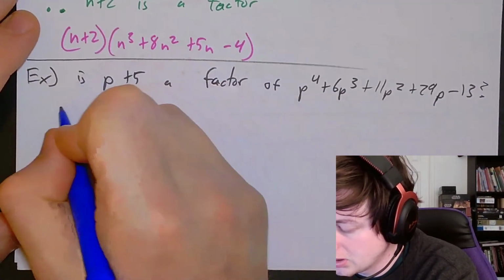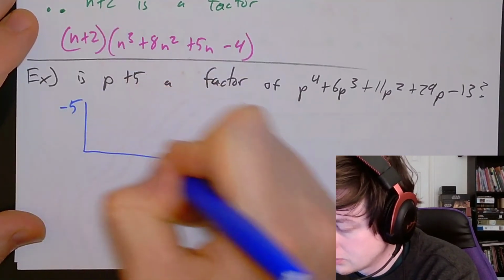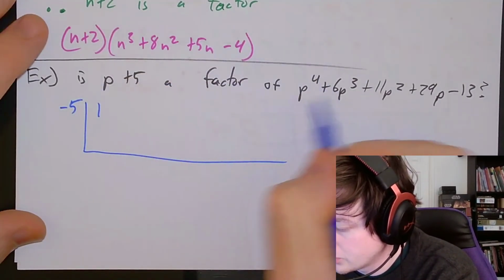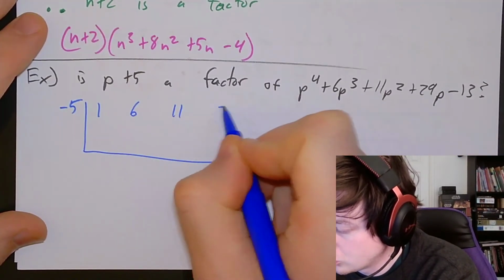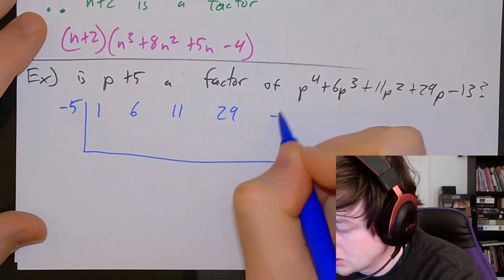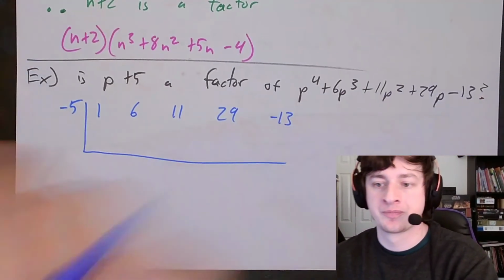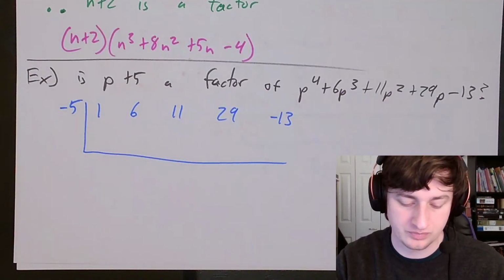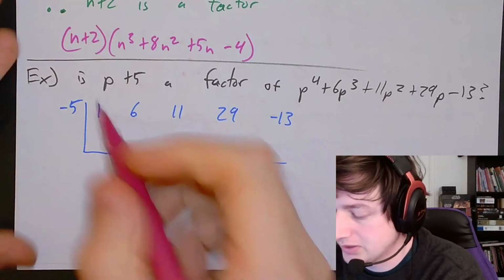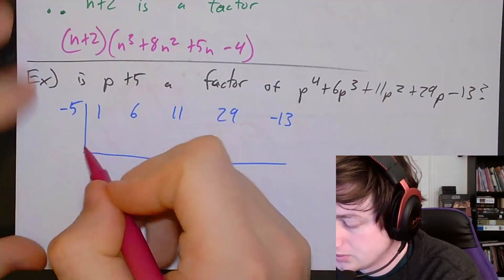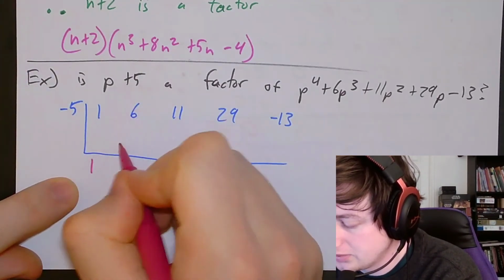So we're using -5, 1p to the 4th, 6p cubed, 11p squared, 29p, and a -13. So we're just going to add down and multiply diagonally. So I add the 1 to 0 and I get 1. Multiply by -5.